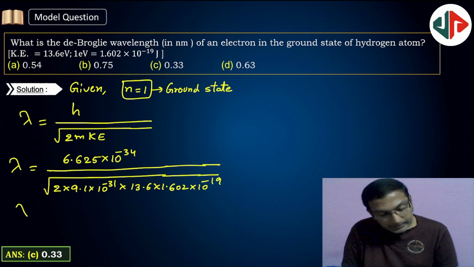So from this we get the lambda value as 0.3329 into 10 power minus 9 meters.